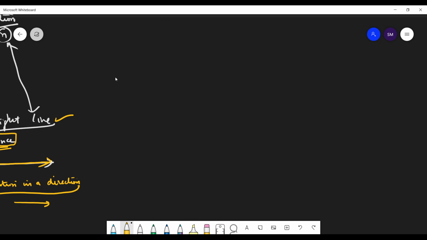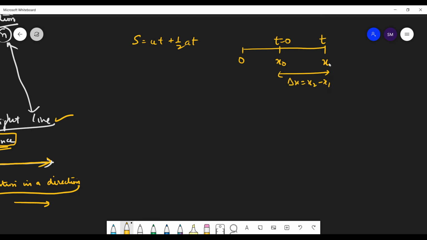Yes. See, let me tell you one more example. This S is equal to ut plus half at square. Do you remember that I told that this is displacement? Suppose this is at time 0, this is x naught, and at time t, the body is at x. So what's the displacement? Delta x, that is x2 minus x1. So that's your x2, that's your x1.